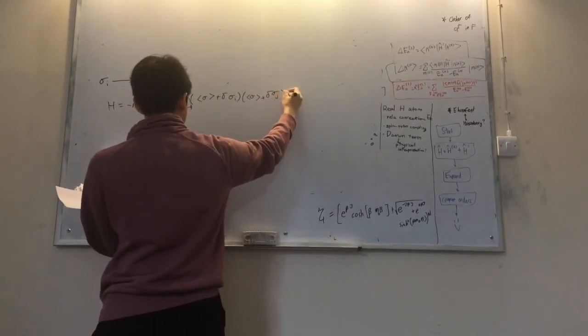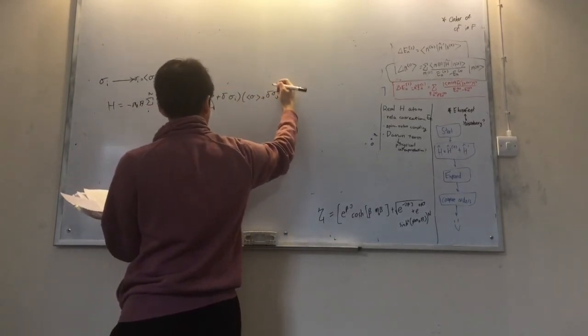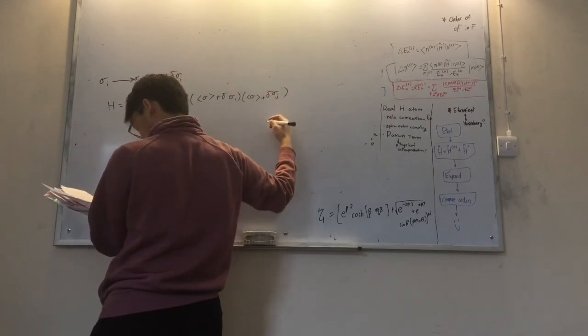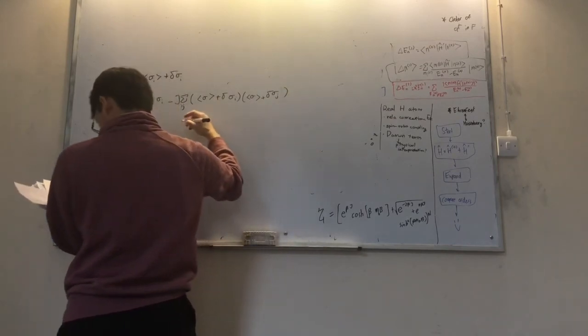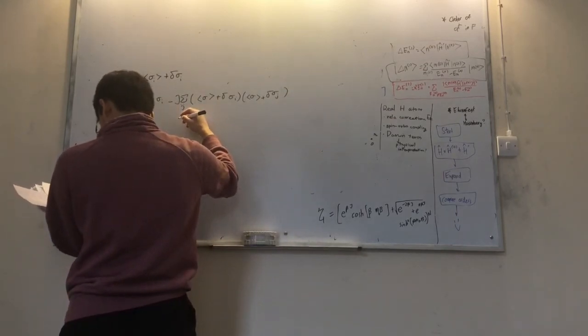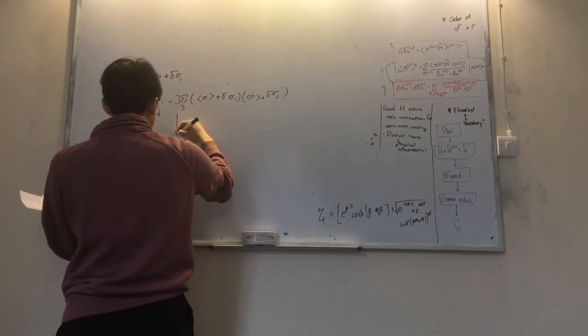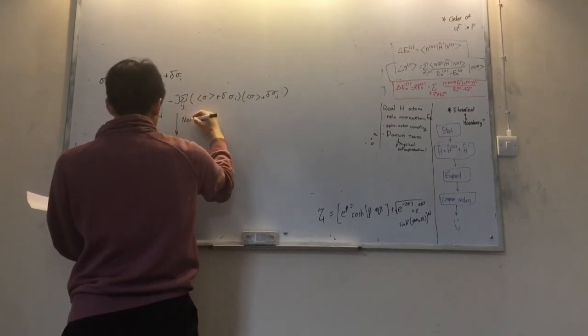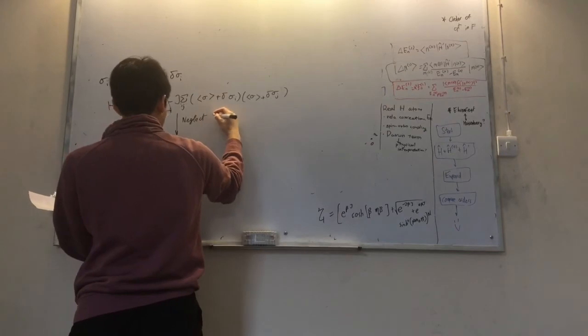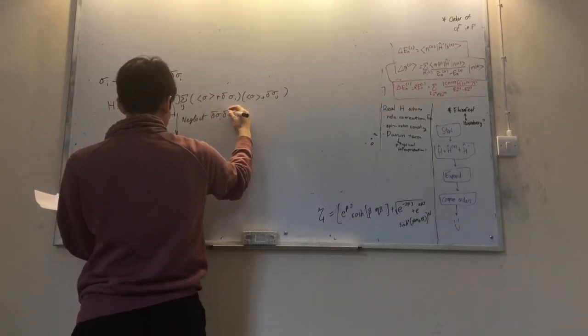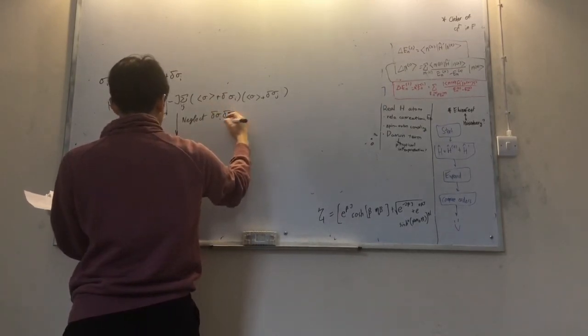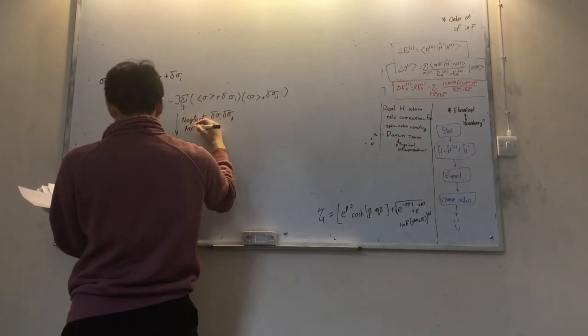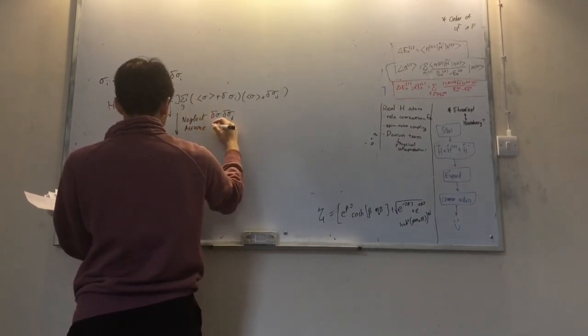This is just the Ising model again. I'll skip a few steps. We neglect delta sigma i delta sigma j, the second order fluctuations, and assume fluctuations are site independent.